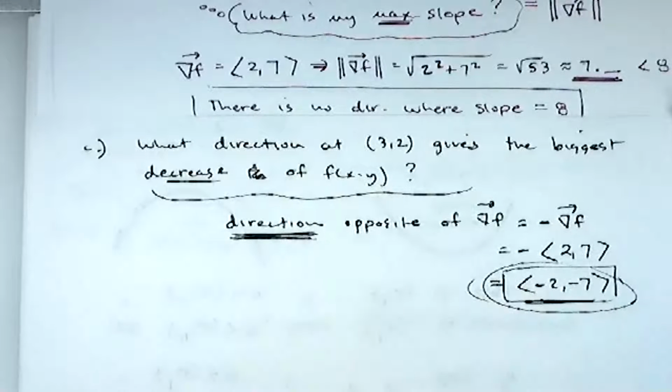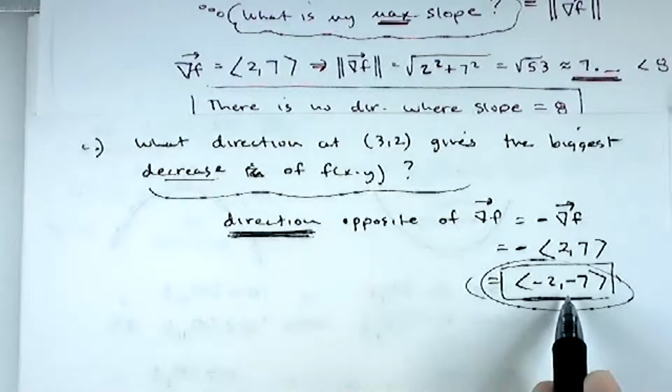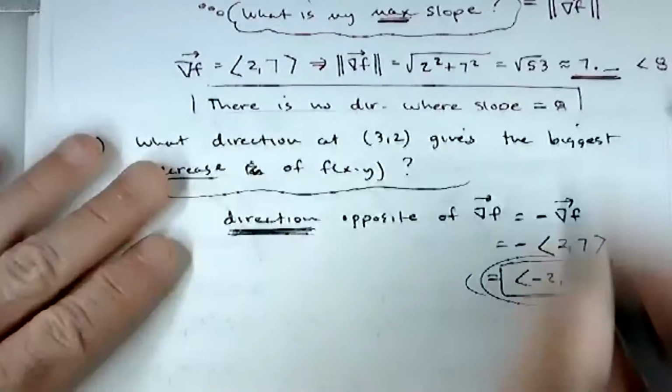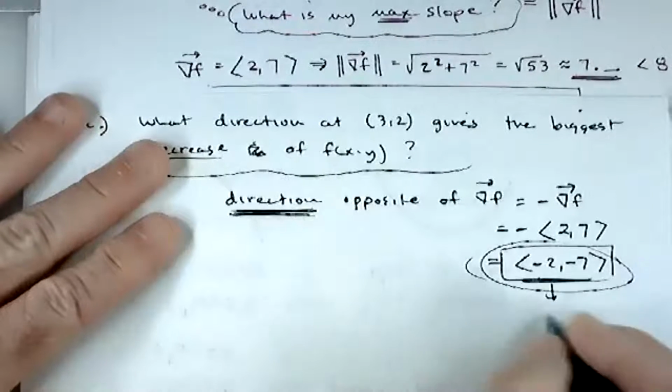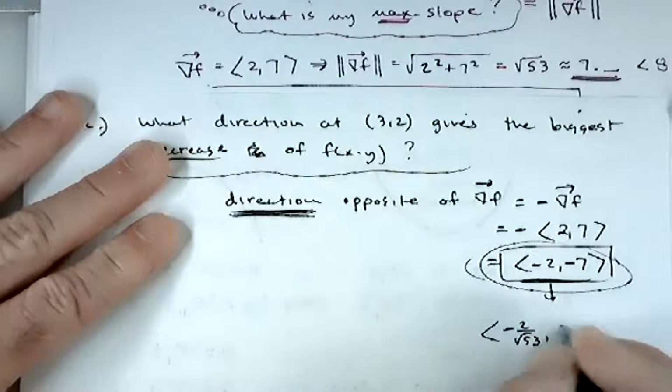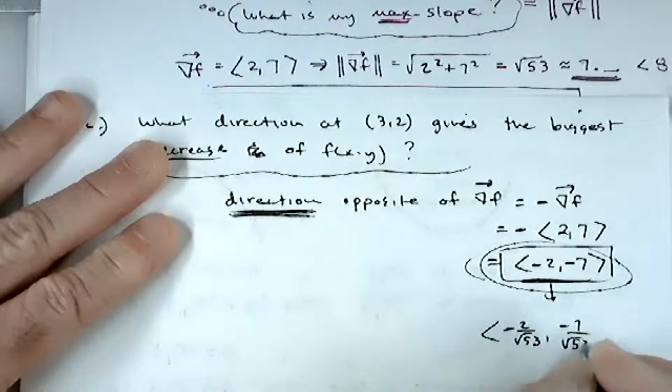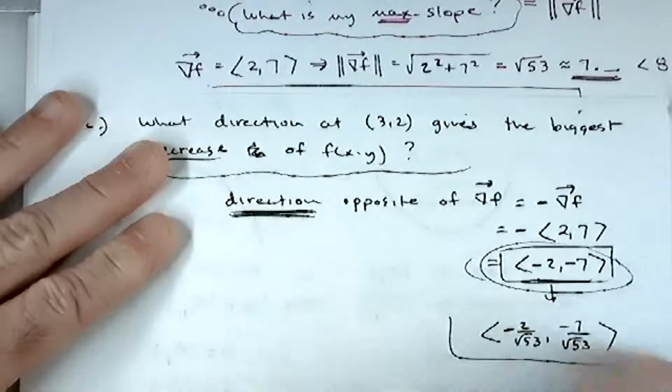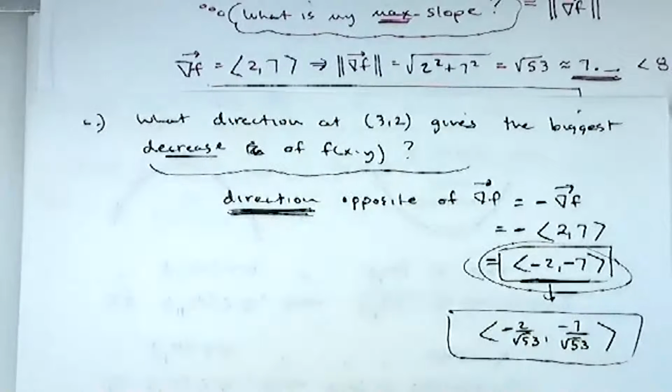So just a note, if it doesn't take this, then maybe it wants a unit vector, and we already have the magnitude as root 53. So you could also make it -2 over root 53, -7 over root 53 as a unit vector. I don't know. It seems like it's just random.